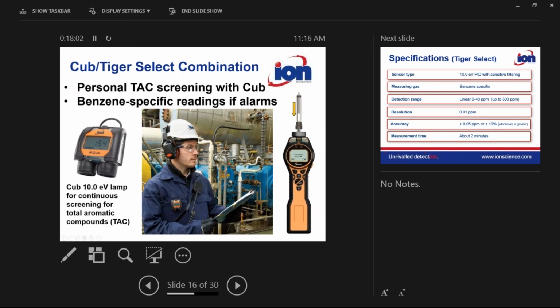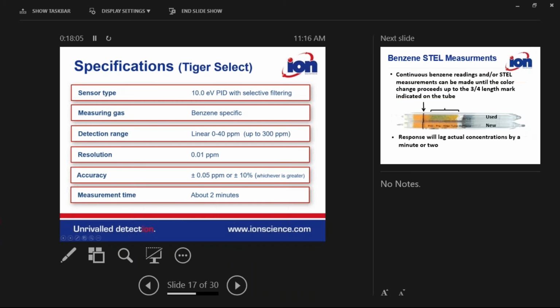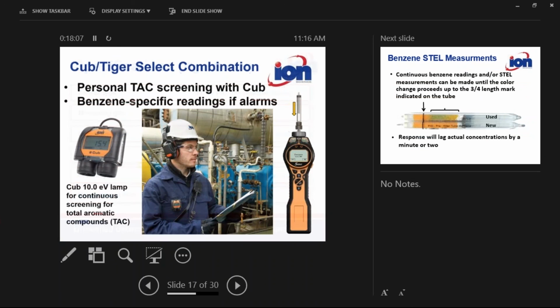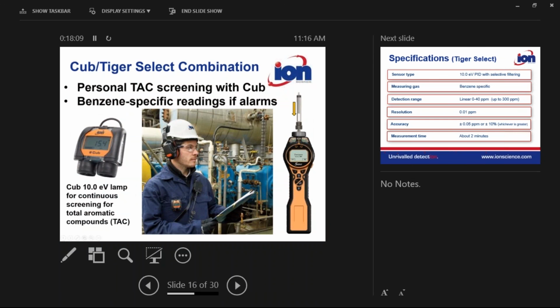You could put one of these on each one of the workers, and then if there is an issue, the hygienist can come in with the Tiger Select and make the more specific measurements if you get an alarm.